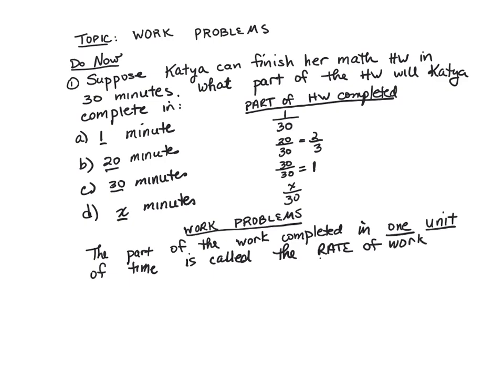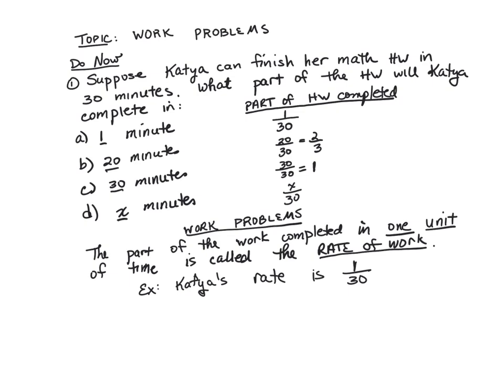So in this problem, Katya's rate is 1/30. Oh wait, I misspelled that. Katya's. Okay, so for rate, the numerator is always 1, and the denominator represents how long it takes her to finish the work.